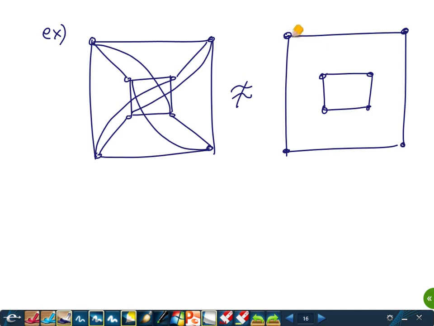Try to find as simple an invariant as possible that distinguishes the two graphs. Find a property that this graph satisfies, but this one does not.